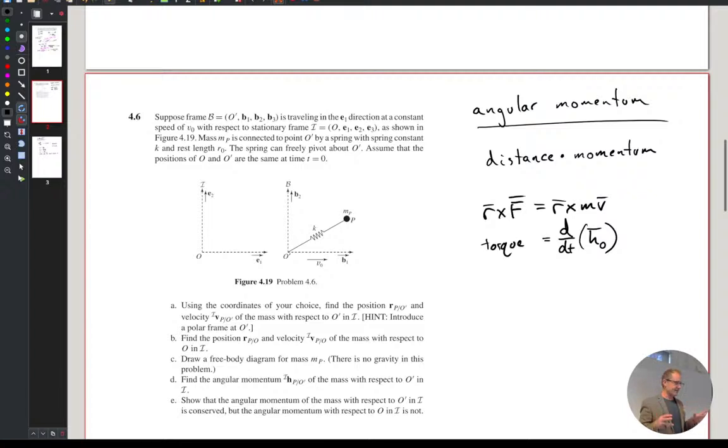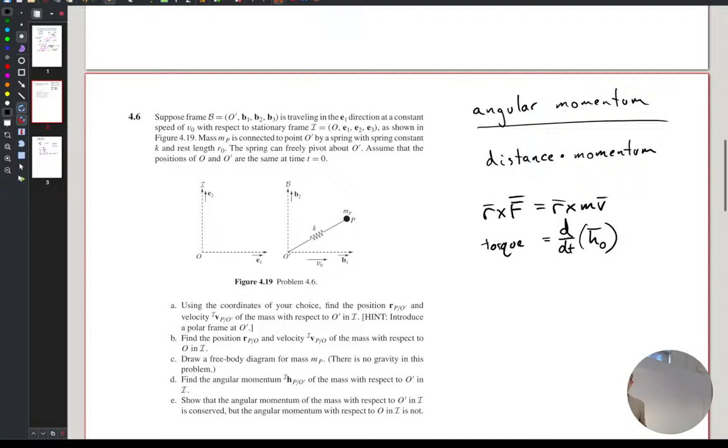So if we can identify, in this problem, what angular momentum is, and then show that there's no torque applied in that system, then we can say, all right, yes, this is a constant angular momentum problem, and then go from there.